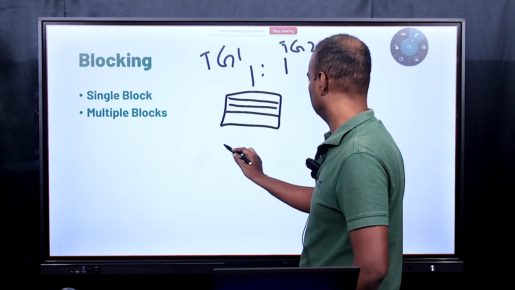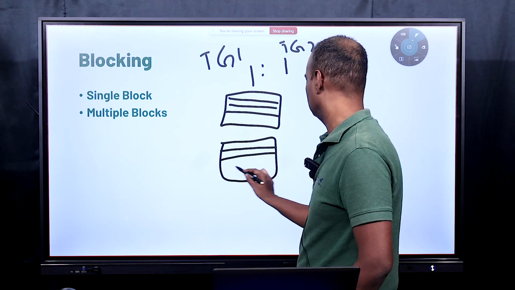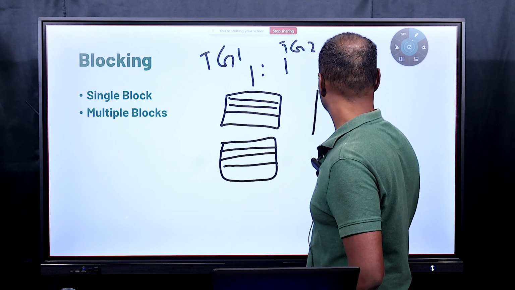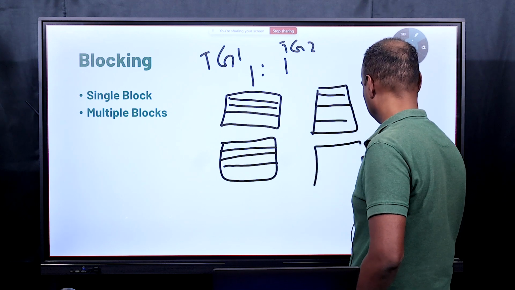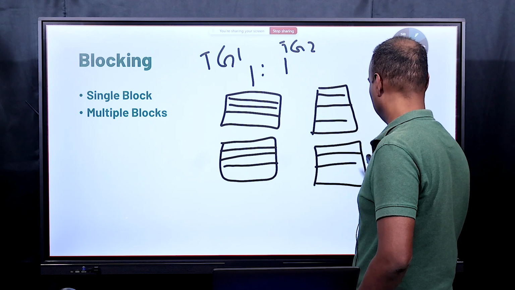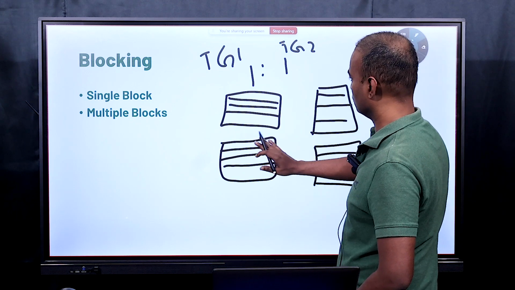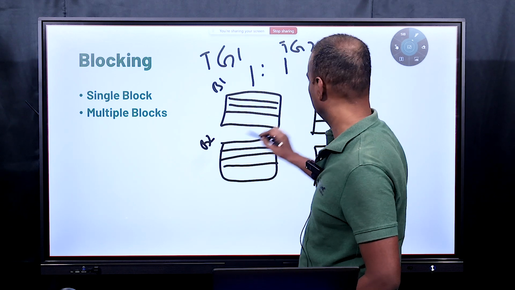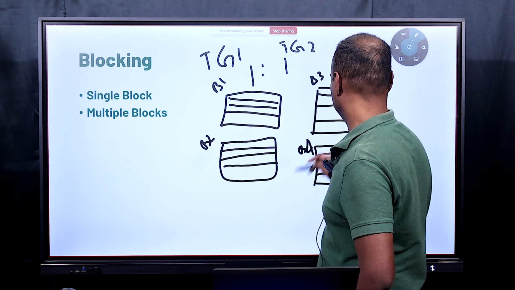1, 2, 3, 4. 1, 2, 3, 4. 1, 2, 3, 4. 1, 2, 3, 4. Now what I will do is have multiple blocks. This is block 1, this is block 2, block 3, block 4.